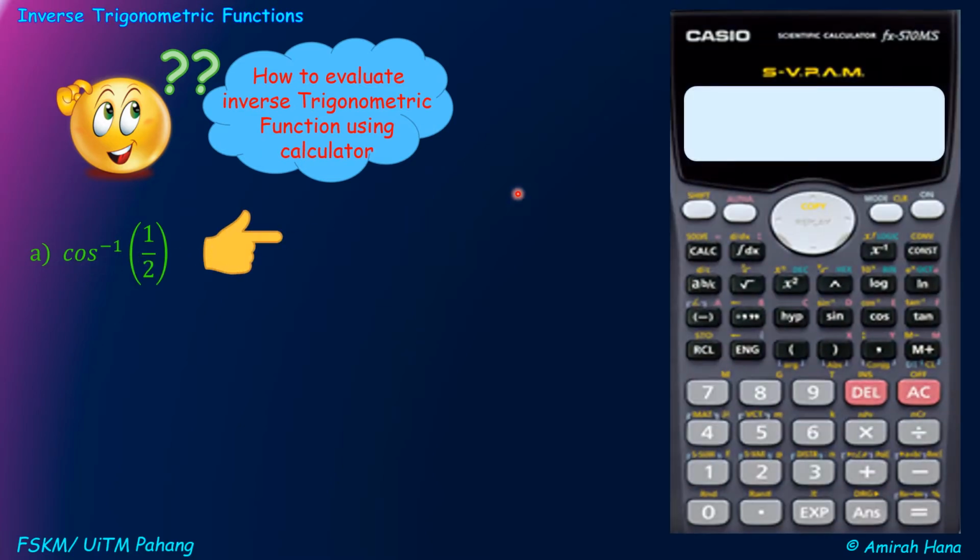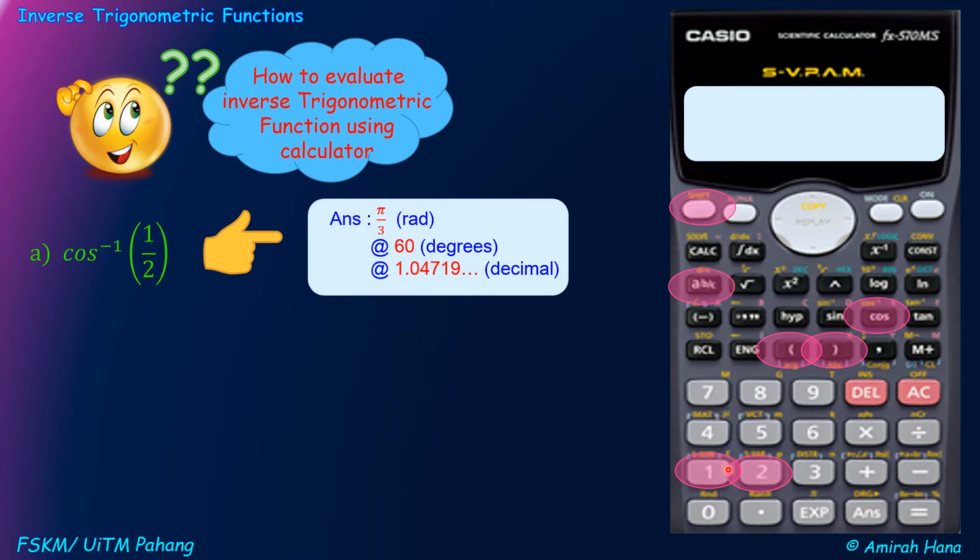From the calculator here, to evaluate inverse cos half, first we press shift, and then cos. Shift cos for inverse cos, and then bracket, and then 1 over 2, and then we close the bracket.